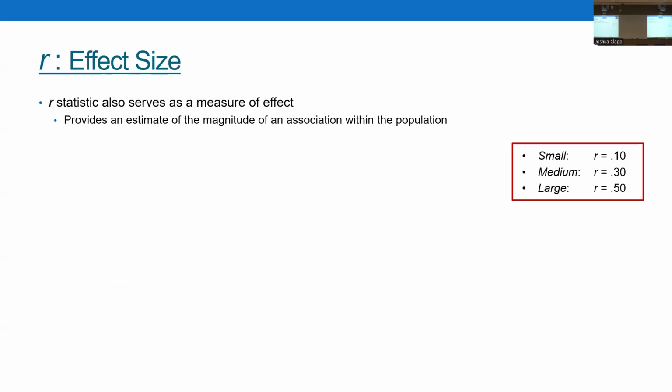Okay. The other thing though, which I would argue is more relevant, interesting and useful, is thinking about our Pearson correlations as a measure of effect size. Thinking about this as giving us an estimate of the magnitude of an association within a population. Okay.